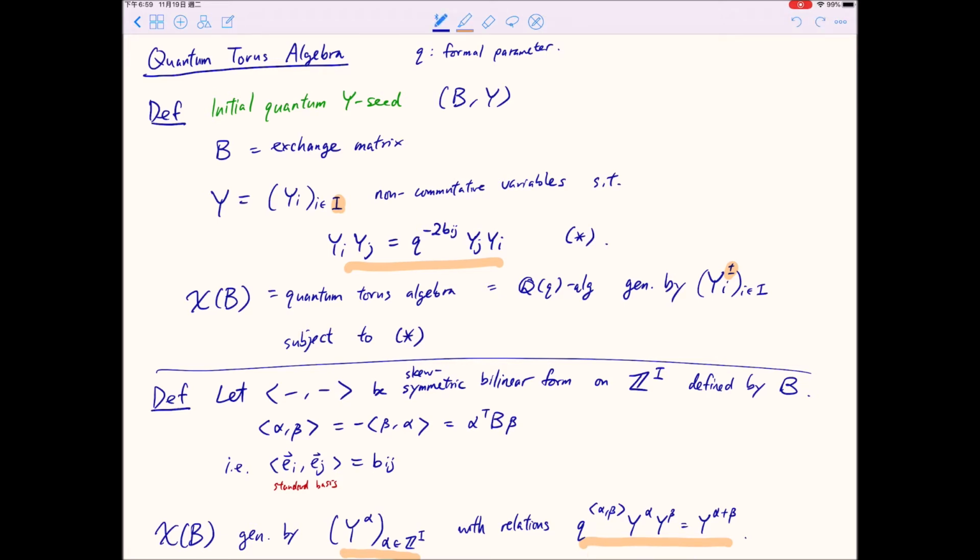So we have the identification where y_i above will be just the y of the standard basis below. These two are the same thing, and these are called the quantum cluster variables.